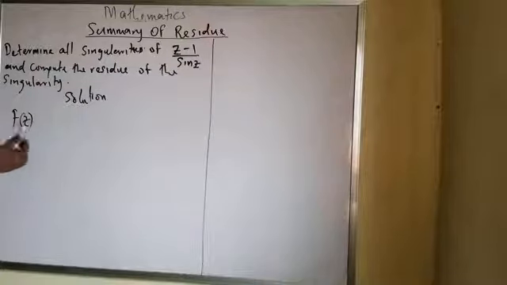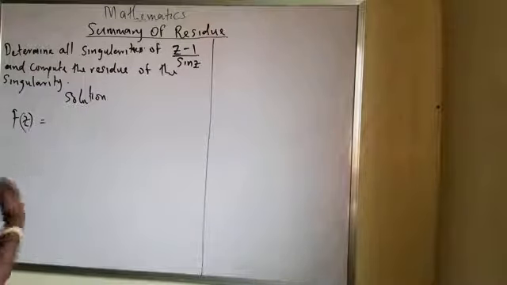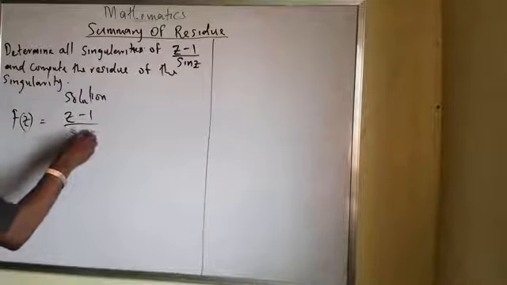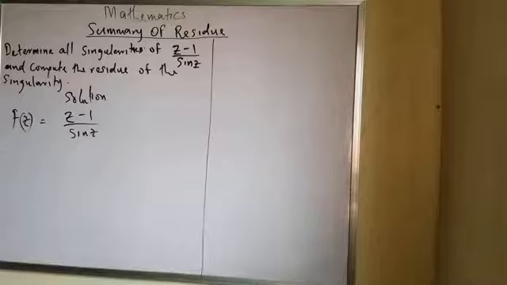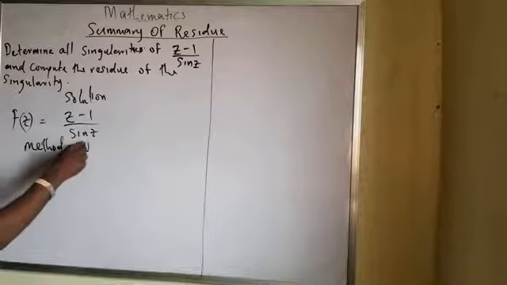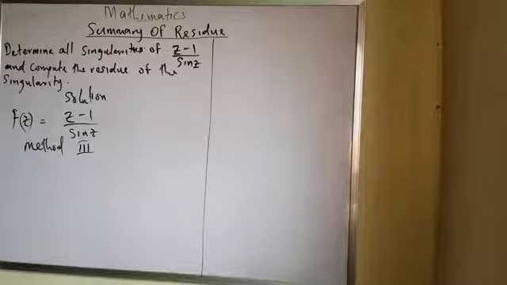I think I've explained why we talk about z in our previous video. You can check on that. I have z minus 1 all over sine z. Now, this is method 3, no problem. Method 3 is allowed here. Why? Because it's a trig function, my function is a trig function.